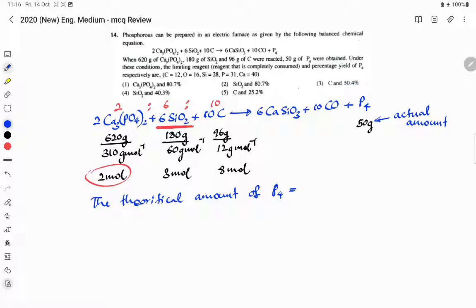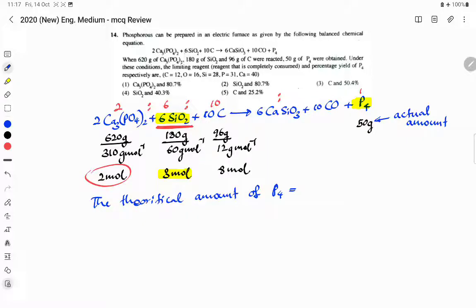The theoretical amount, that means theoretically the amount that we can get from P4 will be in the stoichiometric ratio of silica to phosphorus. So it will be 6:1. So that means if we react 6 silica with calcium phosphate and carbon, we get 1 mole of P4, but we have 3 moles of silica.